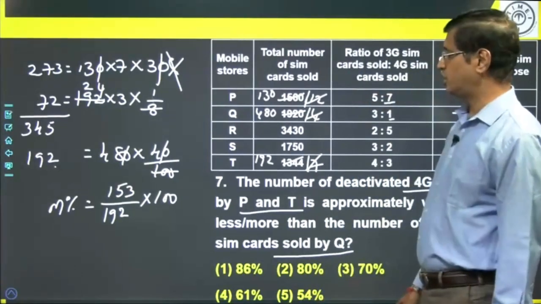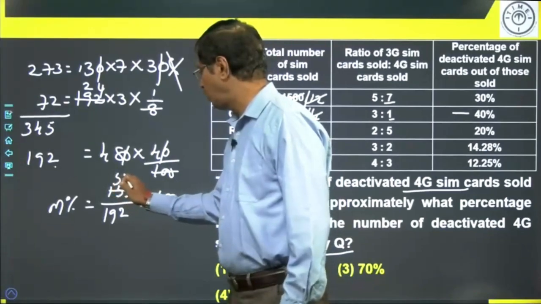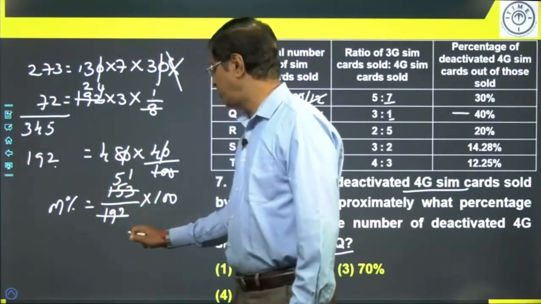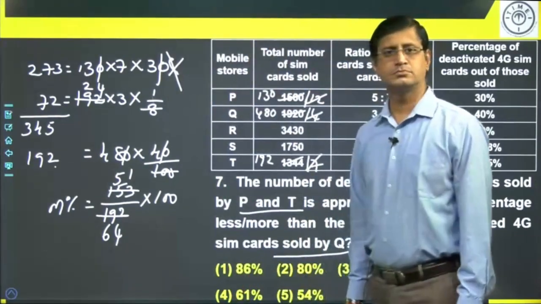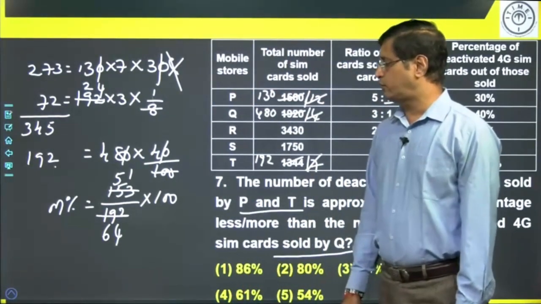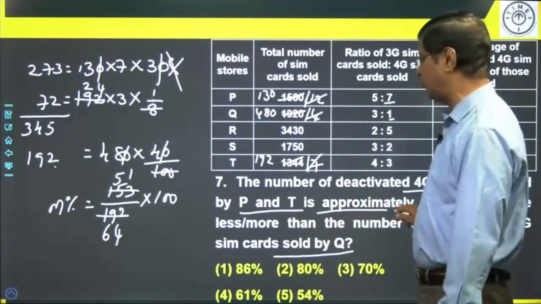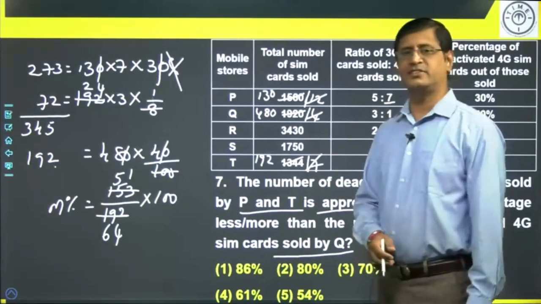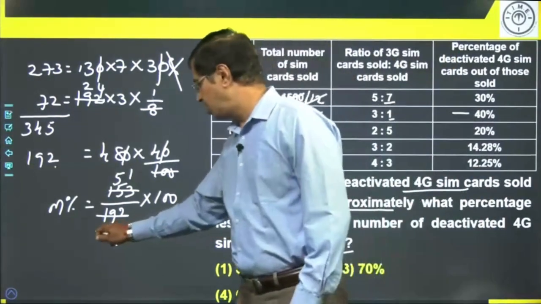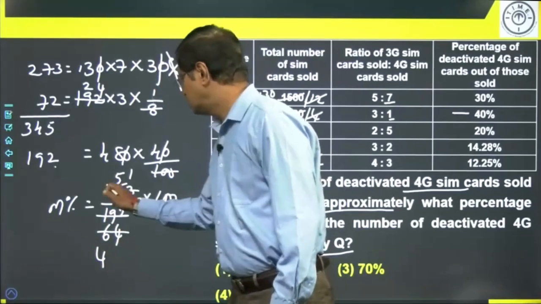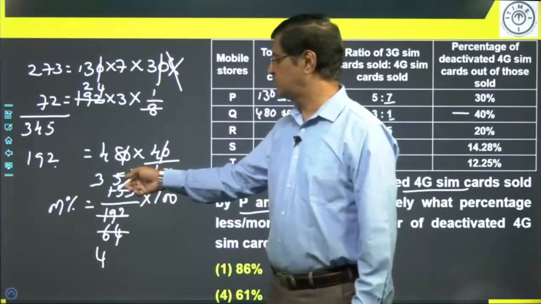Now 3 we can cancel here. 50 one time, and 3 goes 6 times and 4 times. Now the result is 51/64. Approximately is asked. So for the approximate value, 51 and 64 are near multiples of 16. 16 goes exactly 4 times, and 16 approximately 3 times, but it is more than 3 times.